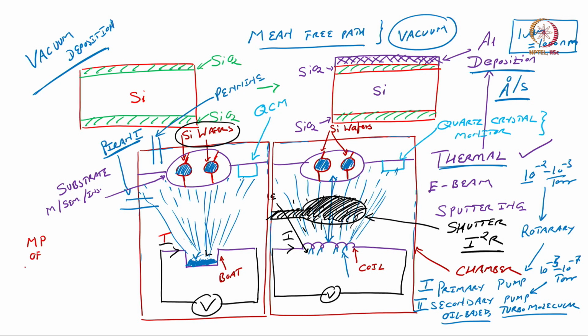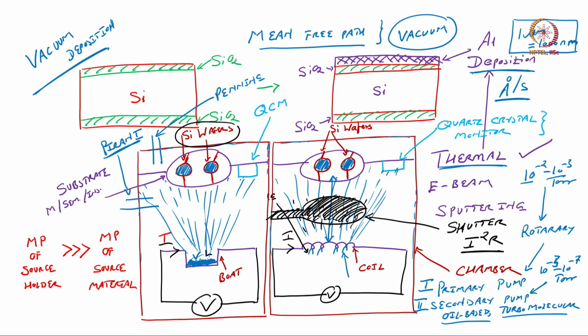of source holder should be very high compared to melting point of source material. Melting point of my source holder should be extremely high compared to melting point of my source material.